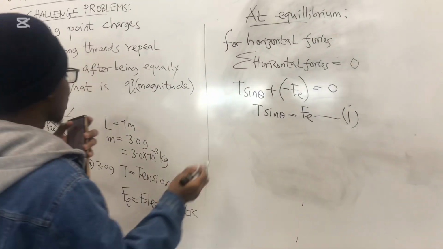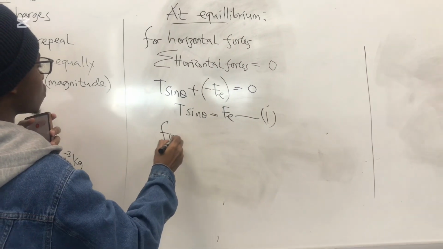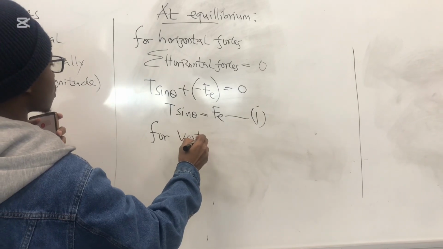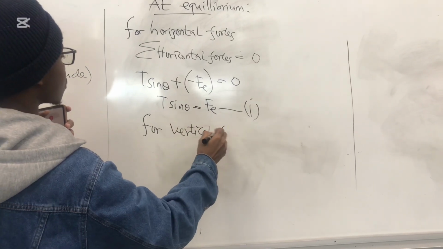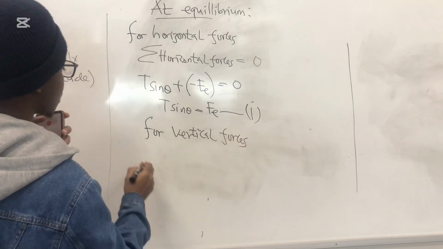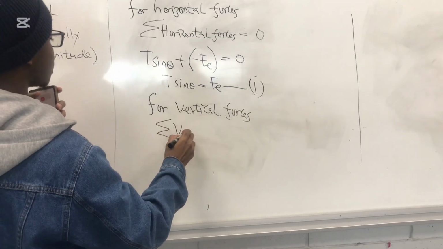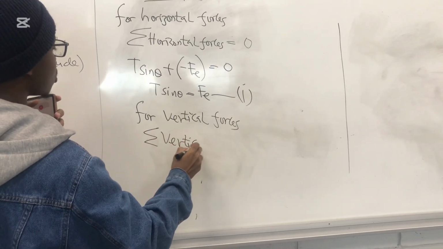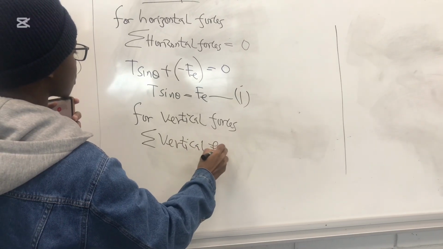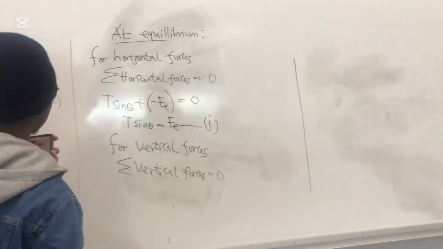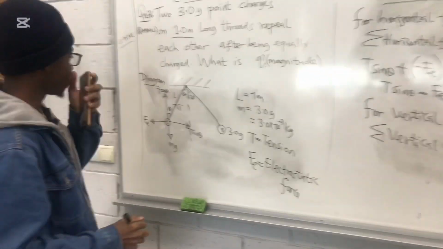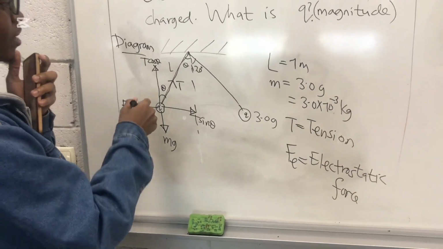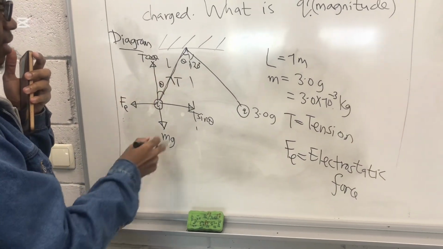But we can do the same for vertical forces. At equilibrium, the sum of vertical forces will be equal to 0. You can look here also, you have only 2 vertical forces: the vertical component of the tension, which is T cosine theta, and also mg.